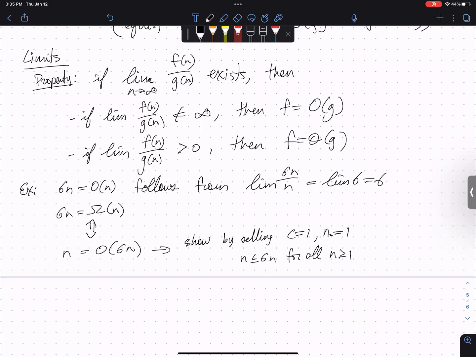But you could have avoided doing all this looking for c and n just by looking at this limit. Now, you won't always find this limit, but if you find it, then you have an easy way. I don't expect you guys to remember from calculus how to do complicated limits. You don't have to apply L'Hopital's rule or anything like this.